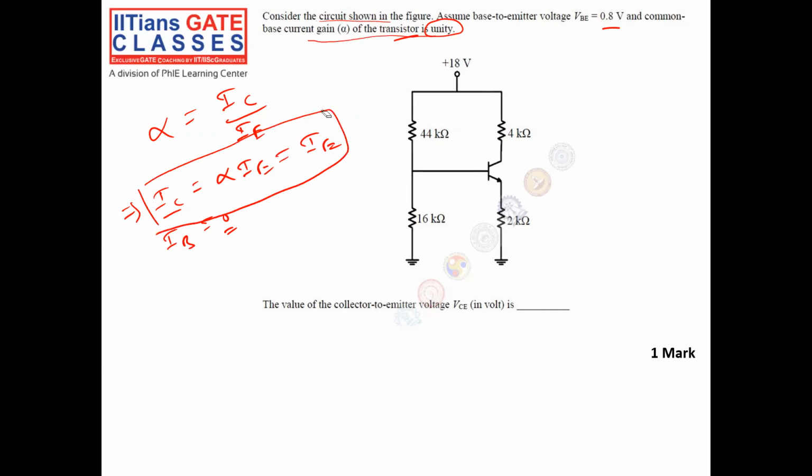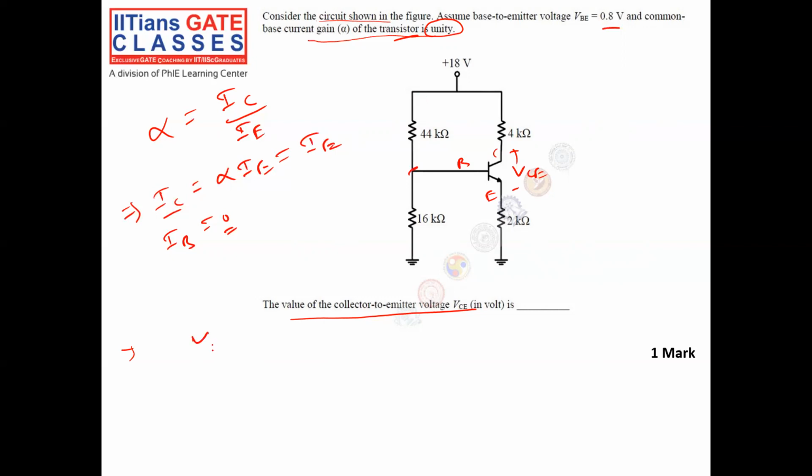Now, what it is asking is the value of the collector to emitter voltage. This is collector, this is emitter, this is base. VCE is the collector to emitter voltage. For that, it's an easy question, right? What is the base voltage?